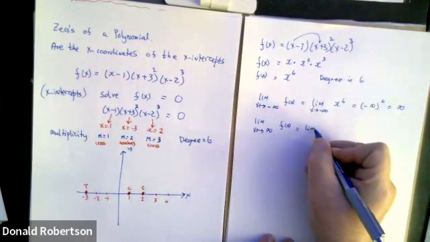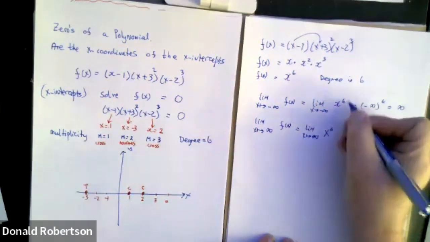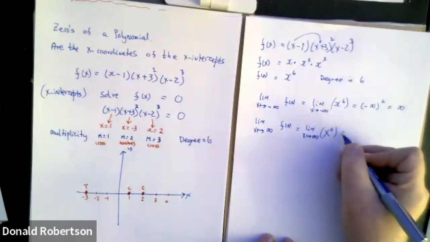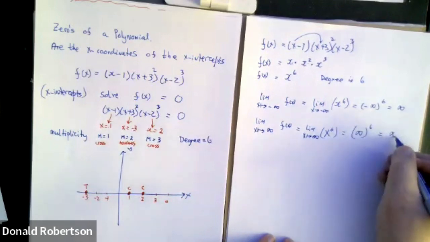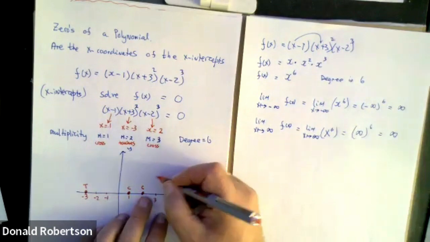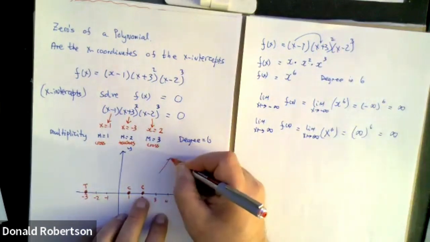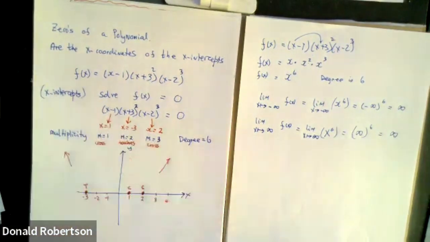And this one will be the limit as x tends to positive infinity of x to the 6, and that's infinity to the power of 6, which is also plus infinity. So I know that the end behavior is as x gets really big, it goes up the way. And when it goes this direction, it goes up the way.